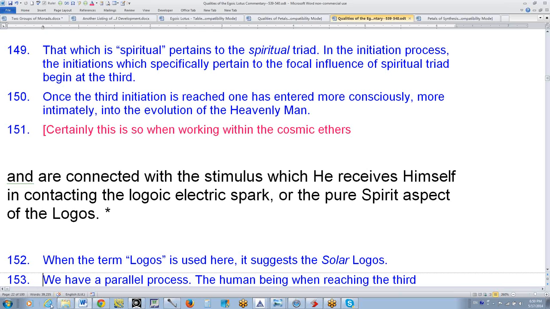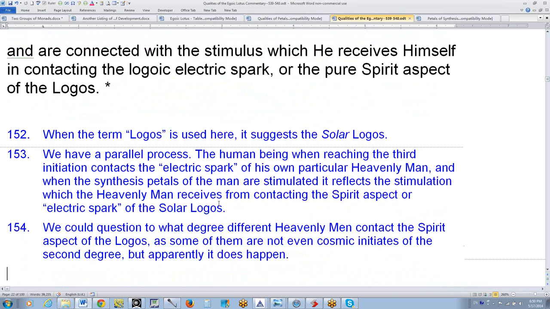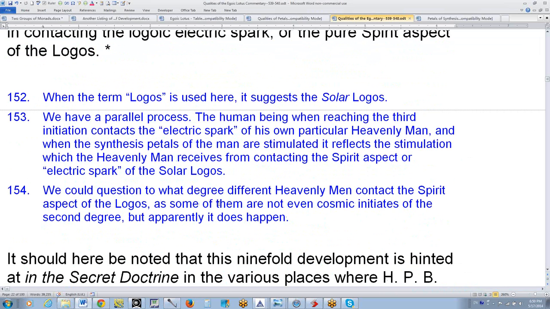Maybe a few indicative things can be said, perhaps a few. So the term Logos suggests the solar Logos indeed, and so we have a parallel process. The human being, when reaching the third initiation, contacts the electric spark of his own particular heavenly man, and when the synthesis petals of the man are stimulated, it reflects the stimulation which the heavenly man receives from contacting the spirit aspect or electric spark of the solar Logos.